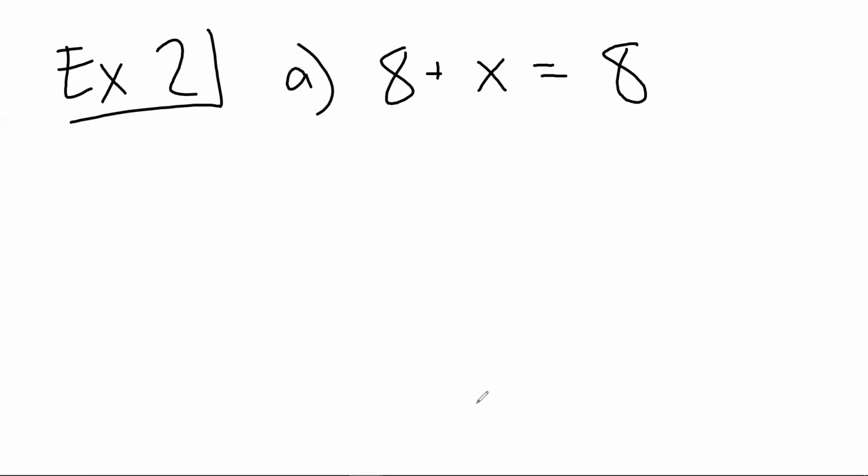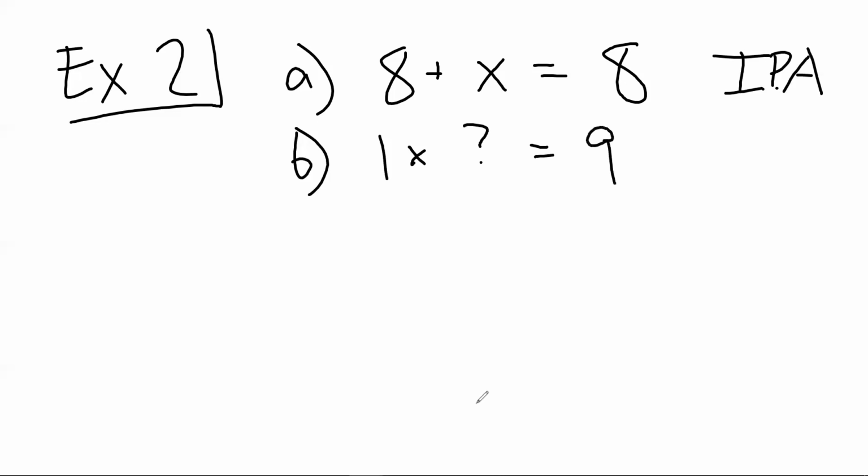Yeah, identity property of addition. That's the one that we literally just did. Yep. IPA. Good. Letter B. Letter B, we have 1 times, I am going to use the question mark this time, equals 9.